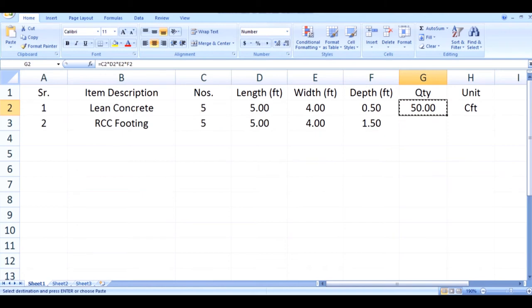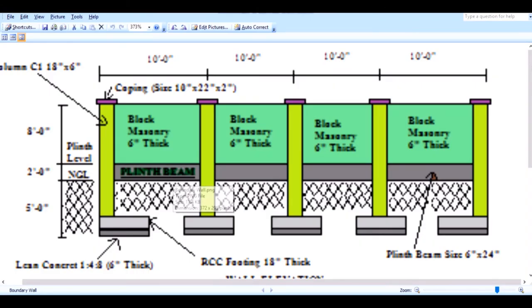Again multiply all these and we will get here 150 cubic feet. After finding out RCC footing quantity, now we will find out the plinth beam quantity.